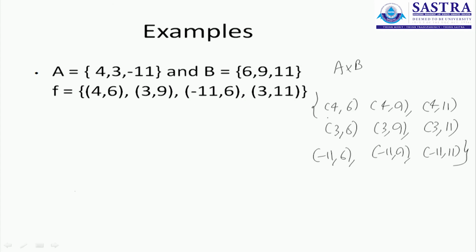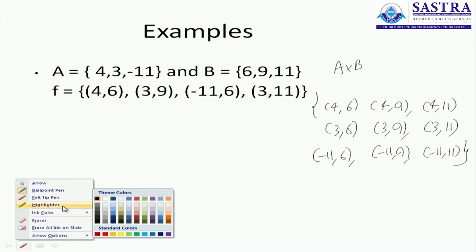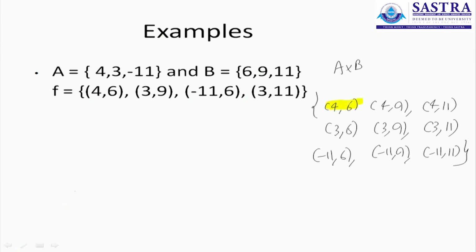Now out of these 9 pairs we are selecting 4 6, 3 9, minus 11 6 and 3 11. So these 4 pairs will actually form a relation, that's okay.